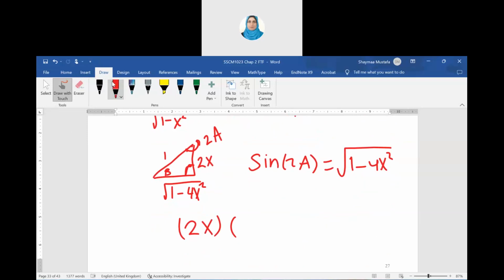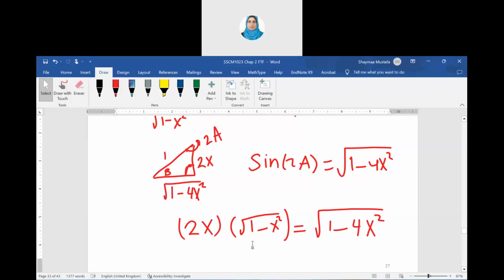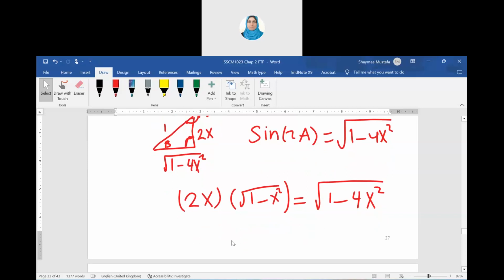So 2x times the root of 1 minus x squared will be equal to sine 2A, which is the root of 1 minus 4x squared. Now I have this relation in x. I can solve this equation and find the value of x.